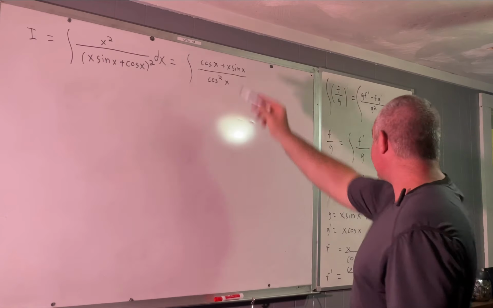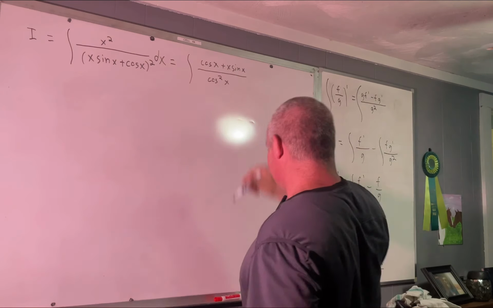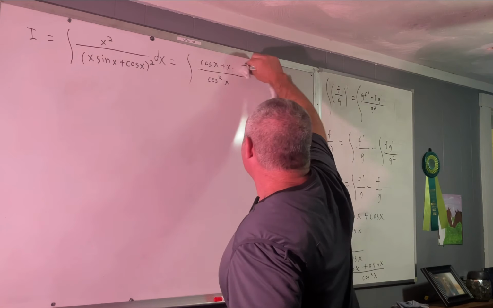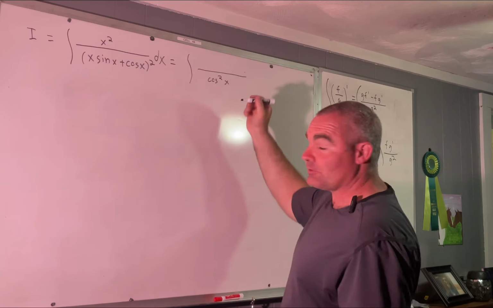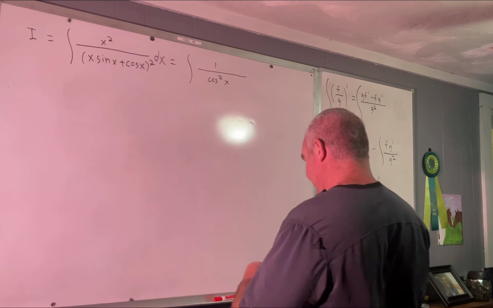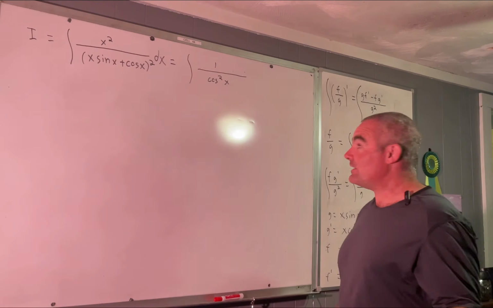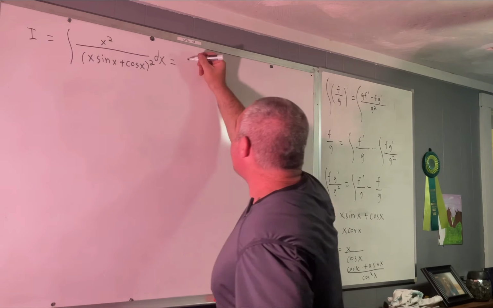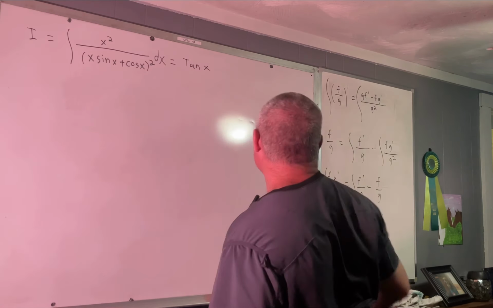So now we divide this by g, which is x sine x plus cosine x. That's convenient. So this whole thing becomes the indefinite integral of 1 over cosine squared x, which is the same as the integral of secant squared x, which is nothing but tangent x. So this whole thing becomes tangent x.